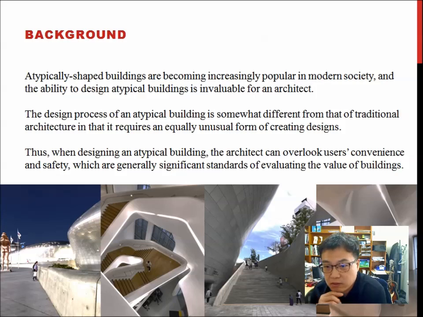So first, background. Atypically shaped buildings are becoming increasingly popular in modern society. This means that we can easily see atypical buildings, especially in capitals and urban areas. Atypical means not box-shaped, not the usual modern figure shapes.